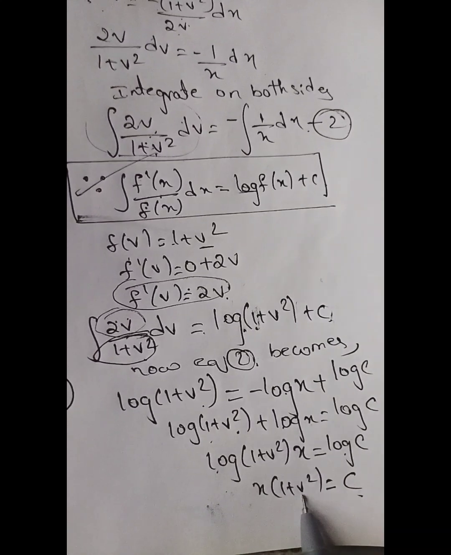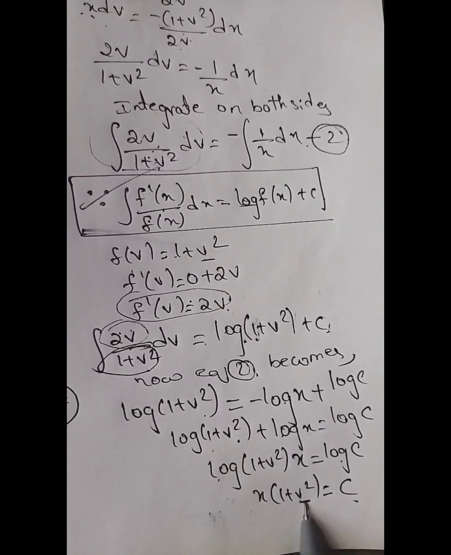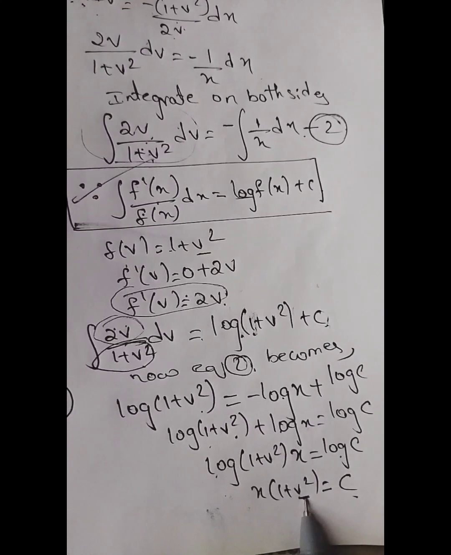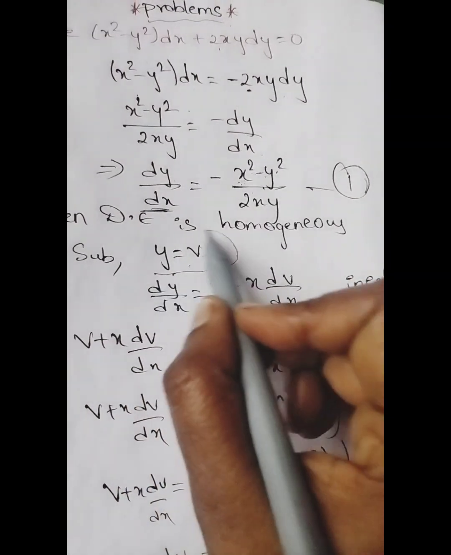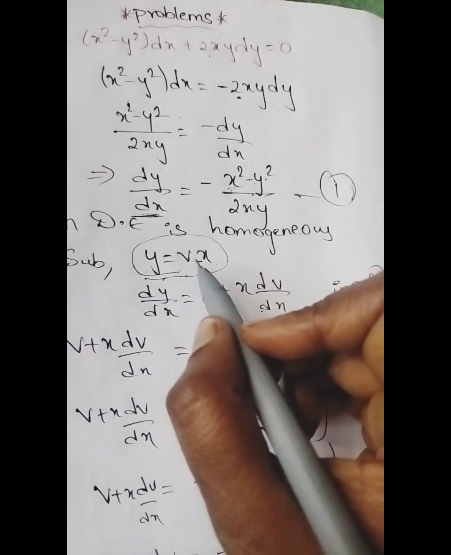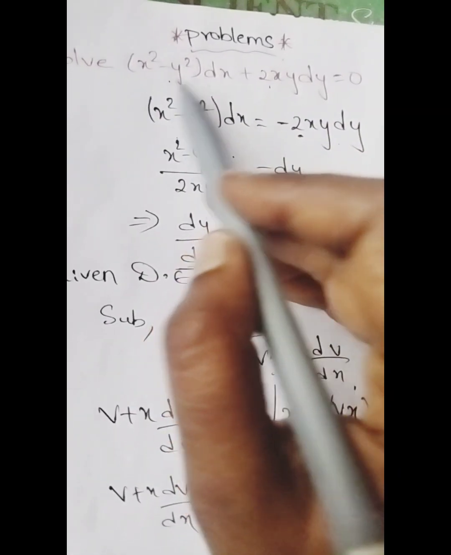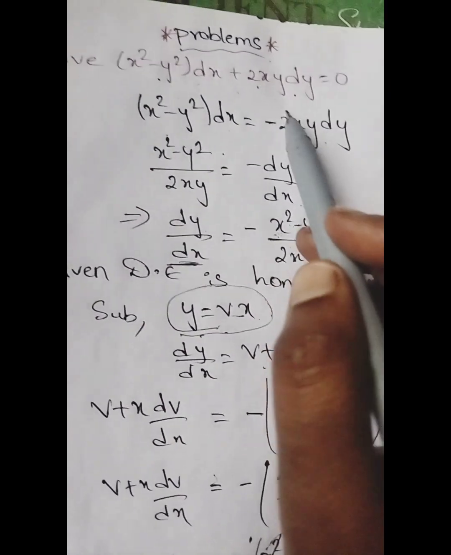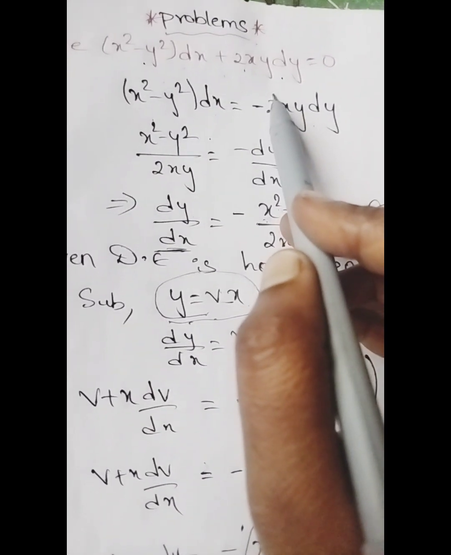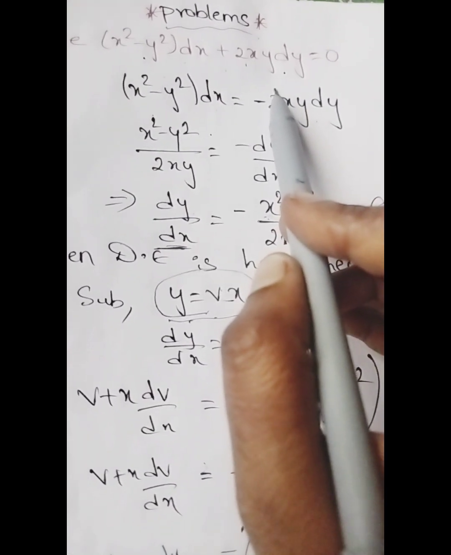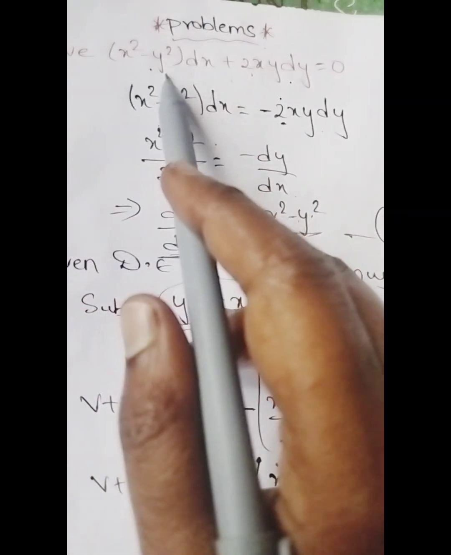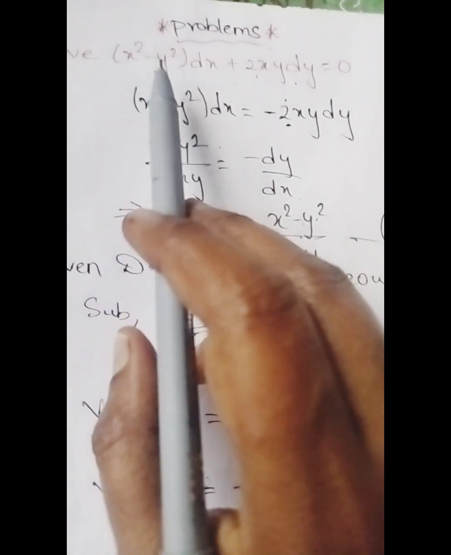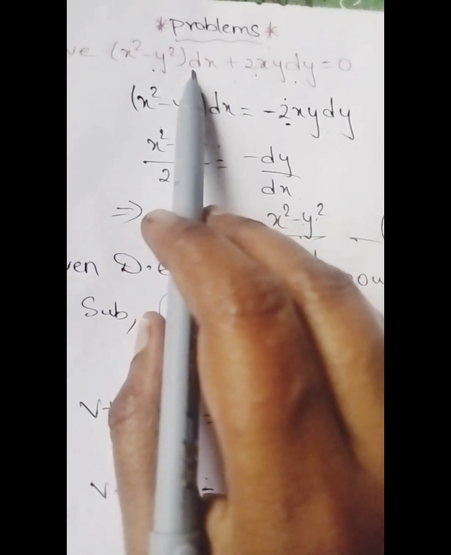So we have assumed after equation 1, y equal to vx, right? We have assumed here y equal to vx. Now our question is in the form of x and y variables. So obviously we need to get the solution also in x, y and constants if possible. Definitely we need the solution in x and y terms only, and no other variables are allowed in the solution.